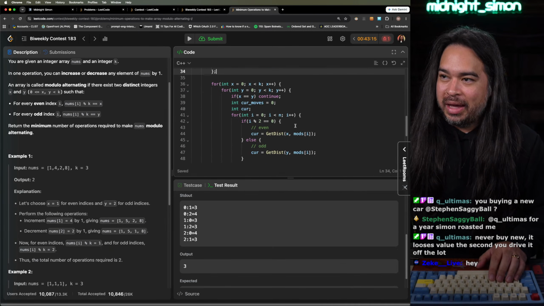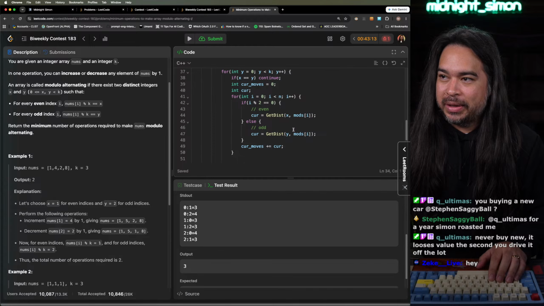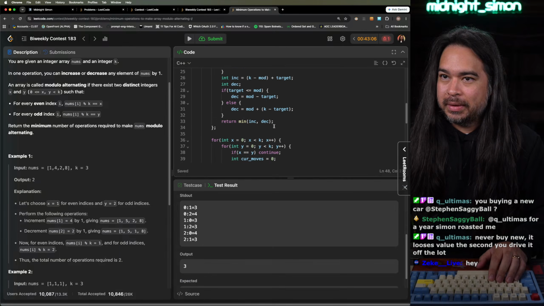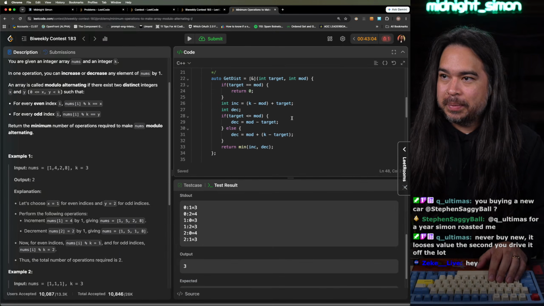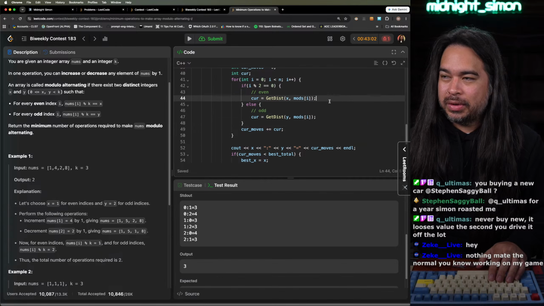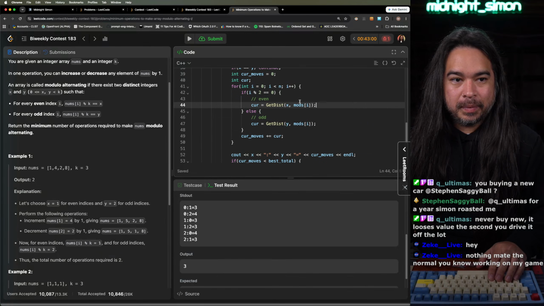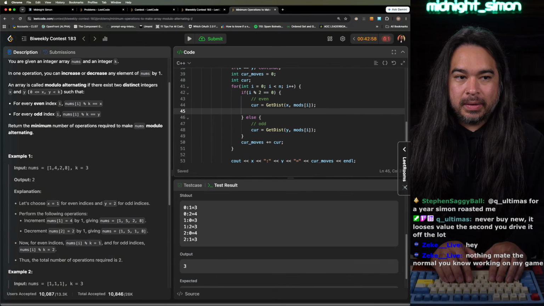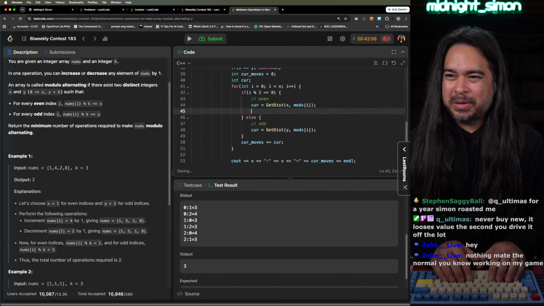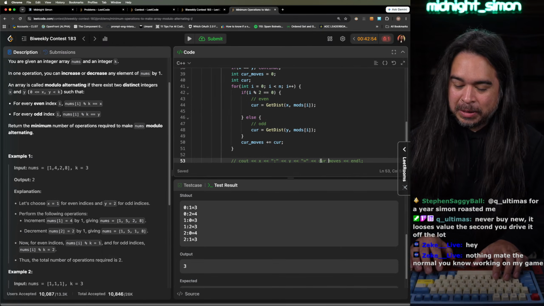Alright, what the heck am I trying to do here? And why is it not working? So, should I put some couts because I can't spot my bug?